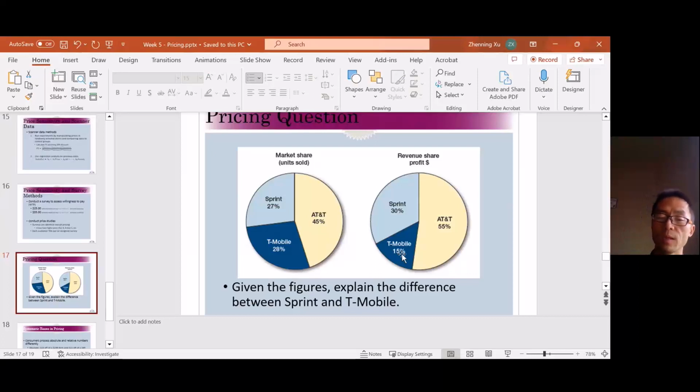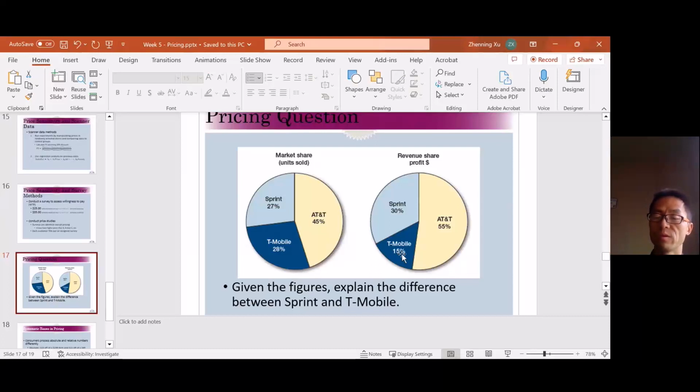Now let's come back to this graph. In the first graph, market share, we measure units sold, right? How many products you have sold in the last calendar year. Basically T-Mobile has a large market share, close to 30%.